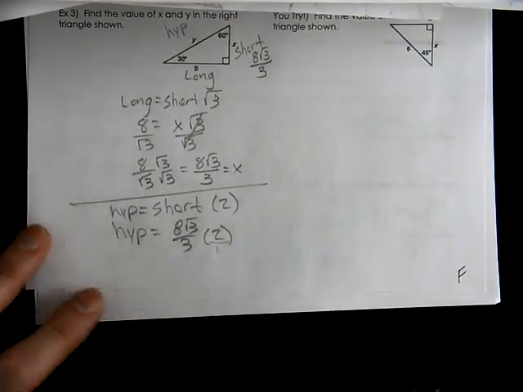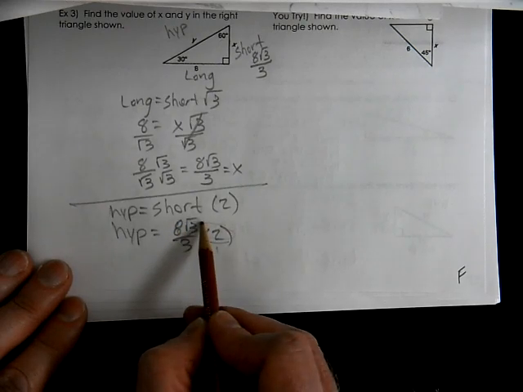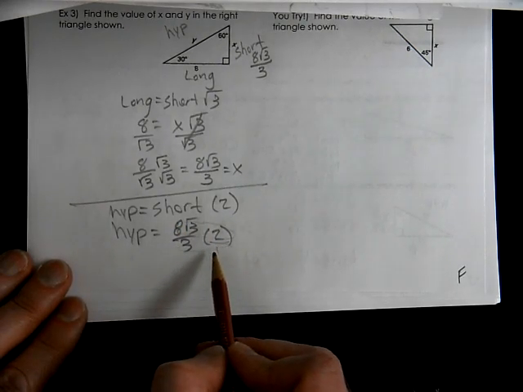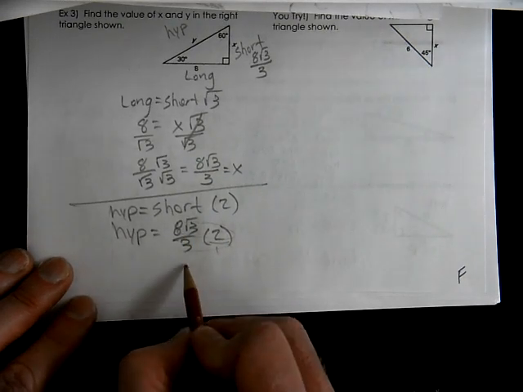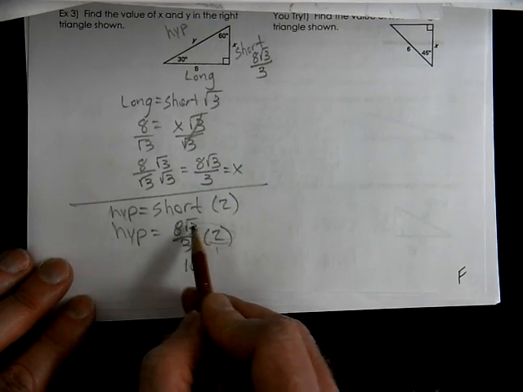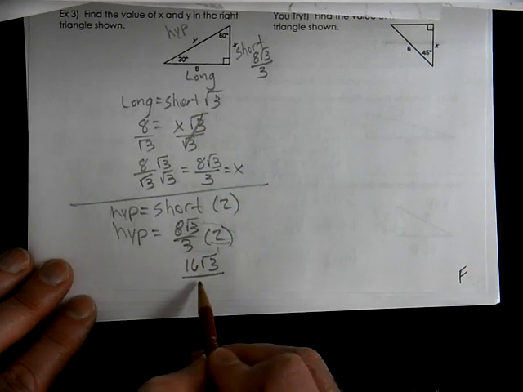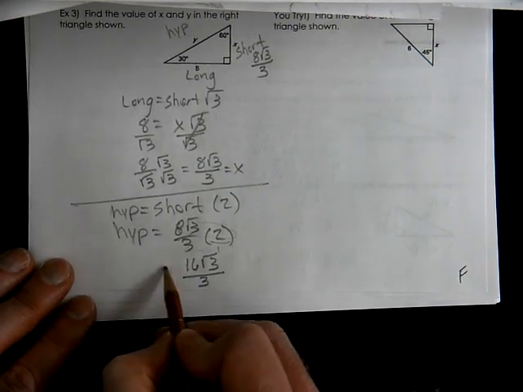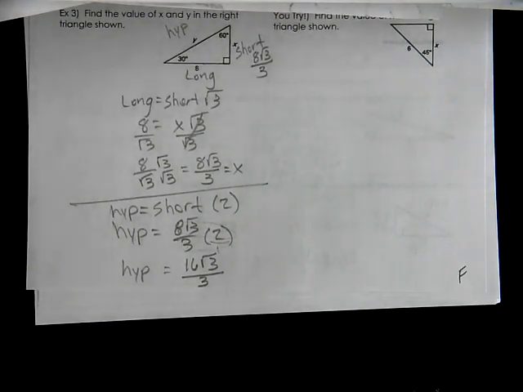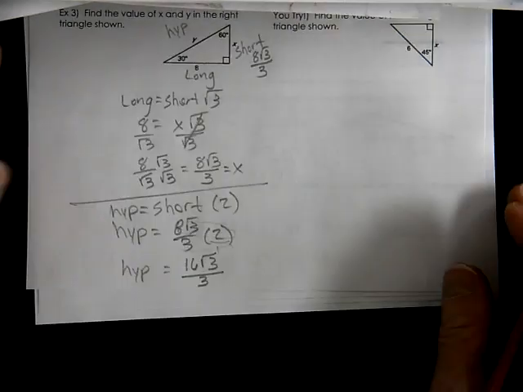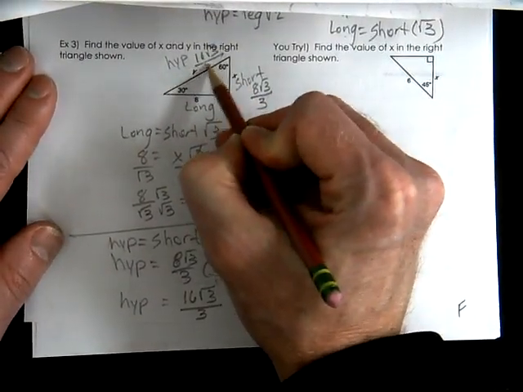Some people say they like to put 2 over 1 and multiply straight across. It's not cross multiplying. There's no equal sign in between. So it's 2 times 8, which is 16. We cannot multiply the radical, so it's just root 3, over 3. And that's the hypotenuse of a 30-60-90 triangle, at least of this one. 16 root 3 over 3.